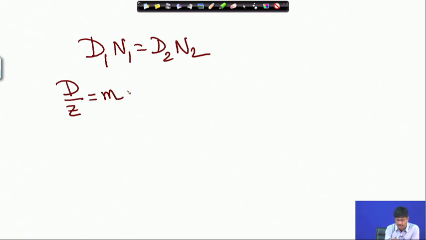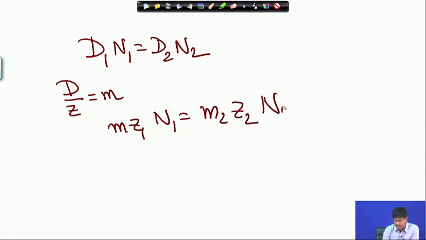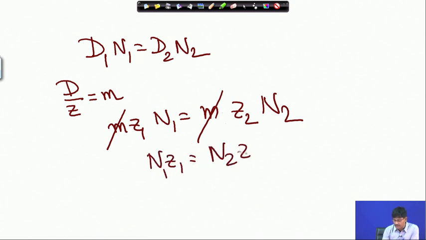I can replace D with m into Z1 into N1 is equal to m into Z2 into N2. Sorry, this one is a mistake on my part. Module is the same for meshing gears. Hence, I cancel out module and I have N1 Z1 equal to N2 Z2.